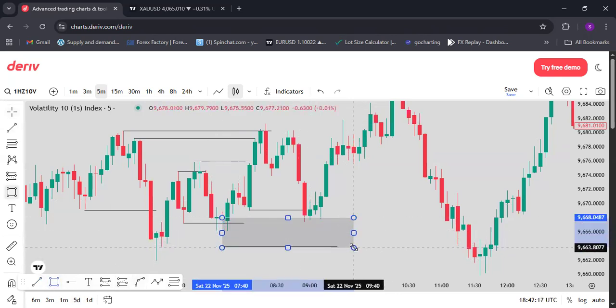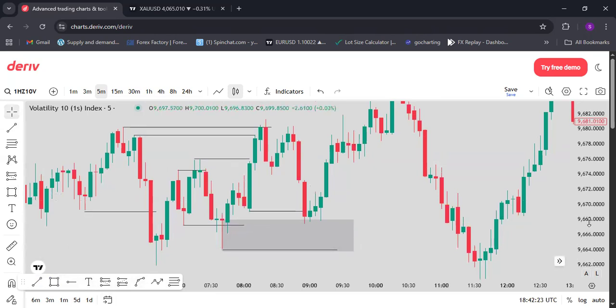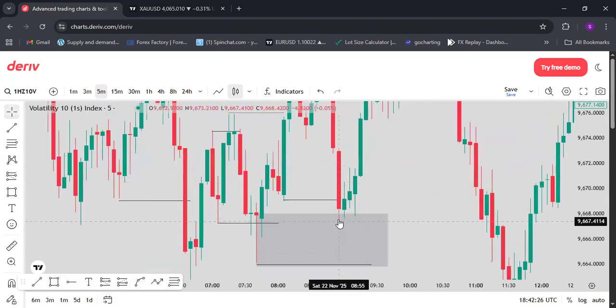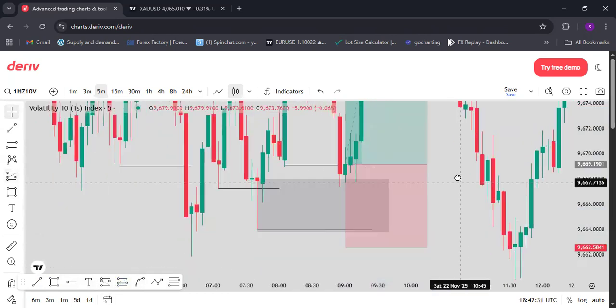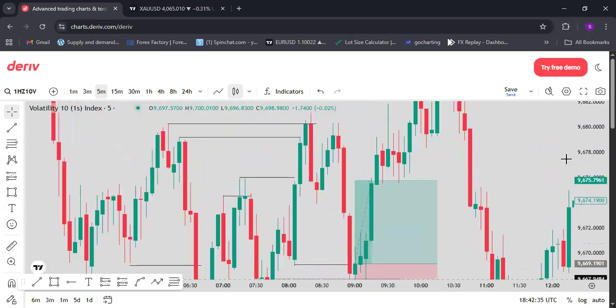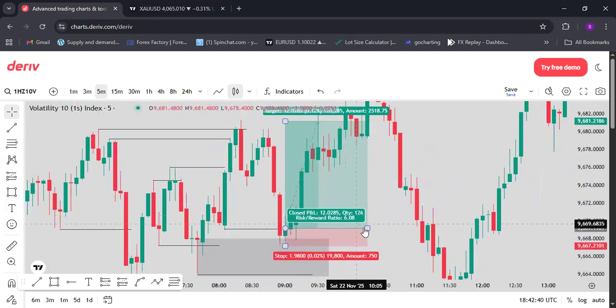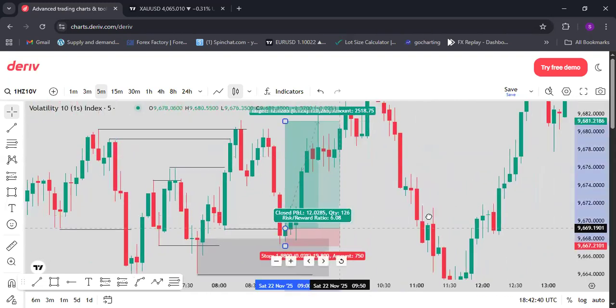So if this holds, because we're already taking the liquidity, once we take out the liquidity, we watch for our confirmation, which we had here, an inside bar. Once we get an inside bar, this is my signal to enter. My stop loss is below this, and I can target the high, right? And that is how you would have caught this trade.